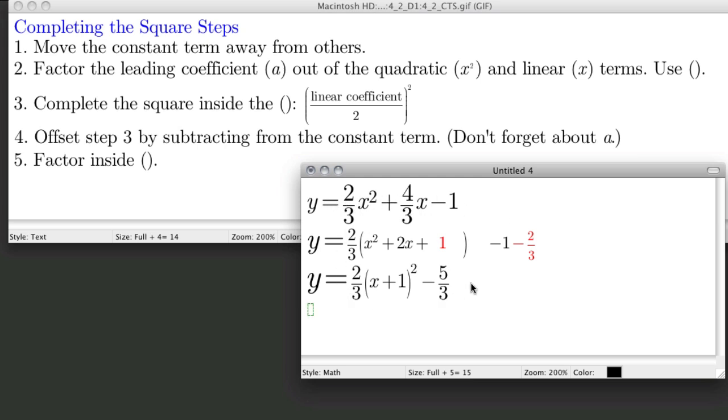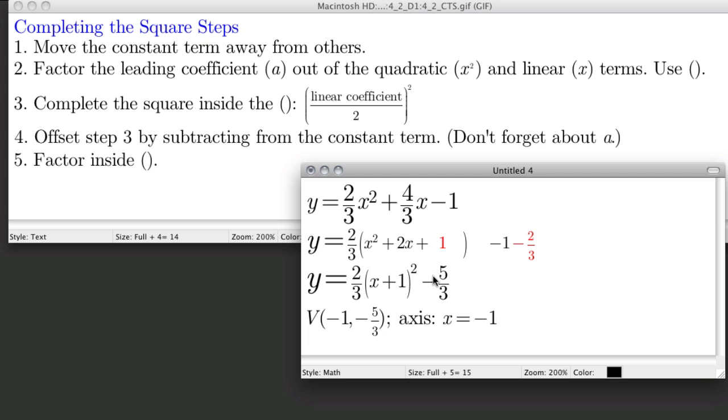I know that my vertex has the ordered pair, opposite sign on the inside, negative 1. Y coordinate is negative 5/3. I know that my axis of symmetry is the x coordinate, x equals negative 1.